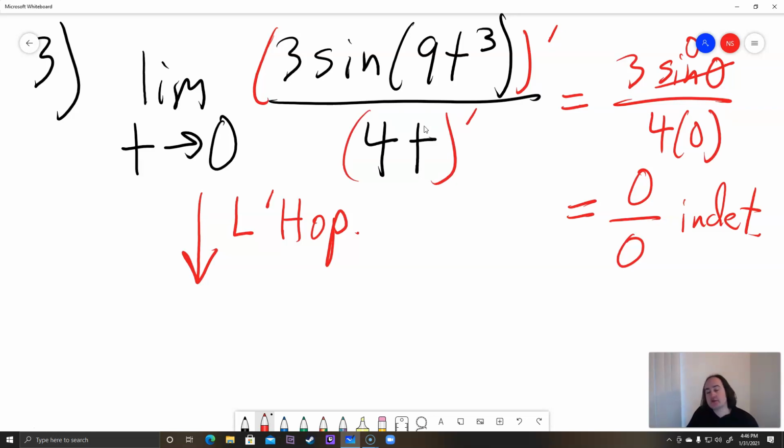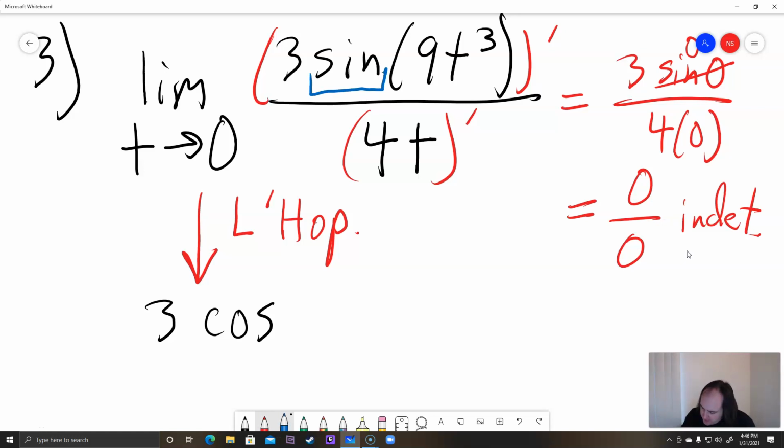Now recall that the derivative of sine is positive cosine. And because there's a 3 out front, that 3 is just going to stay out front. So we're going to get 3 times cosine, because the derivative of the outer function is cosine.